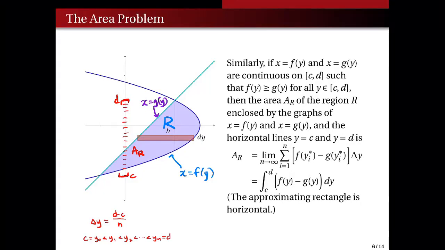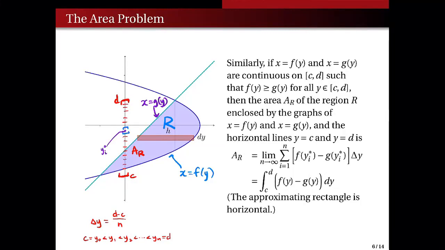And then on the ith subinterval, we will choose some y sub i star. This point here is y sub i star.